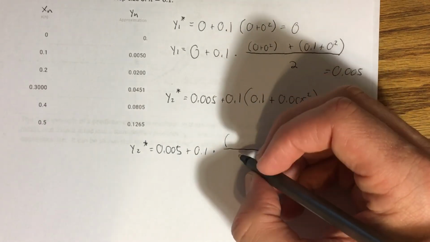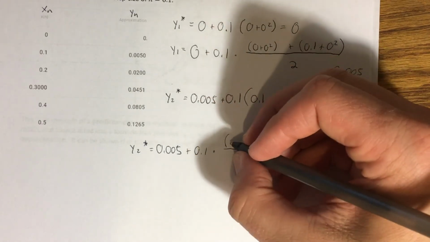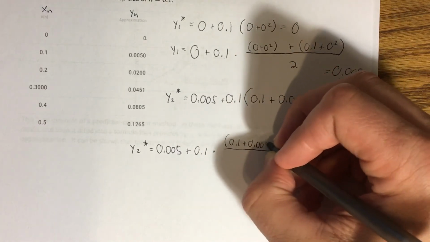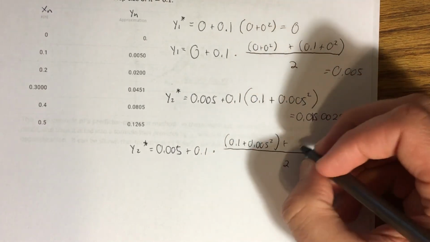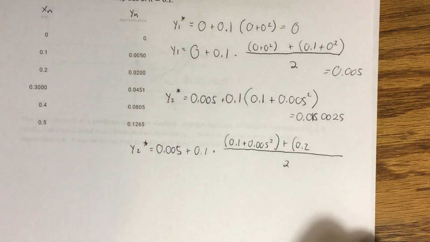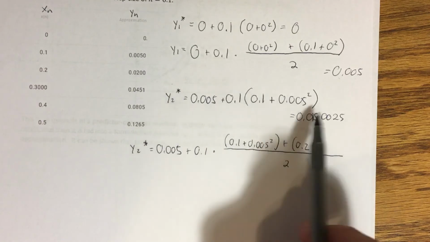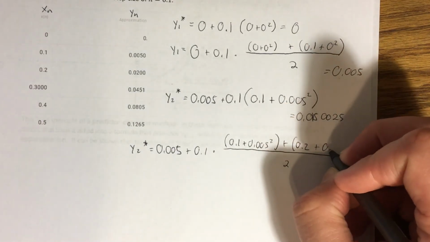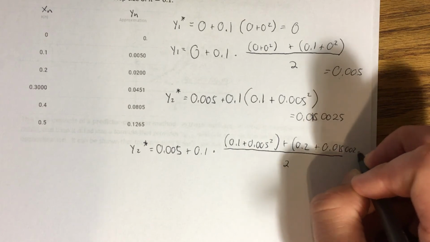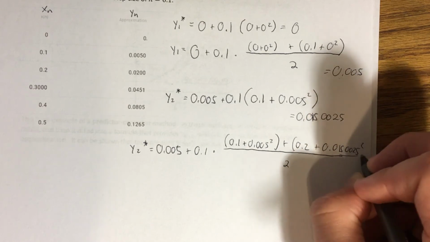This is going to look like f of x1, y1, that's 0.1 plus 0.005 squared, plus f of x2, which is 0.2, y2 star, which we just found here, 0.0150025 squared.